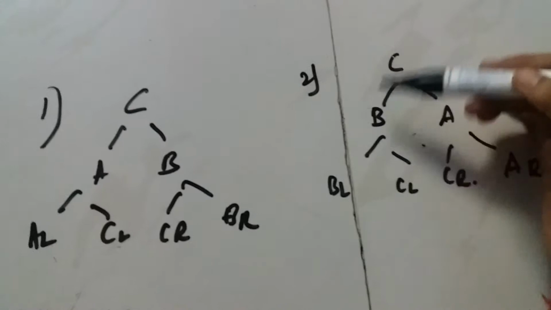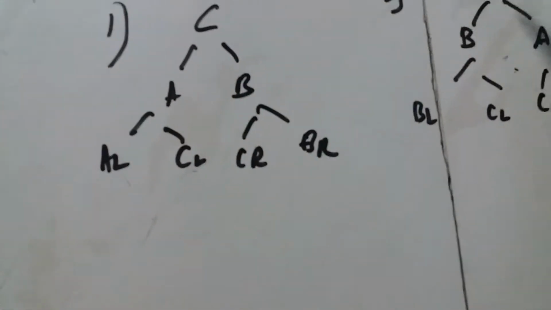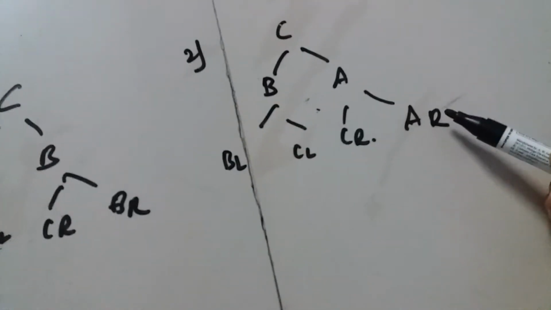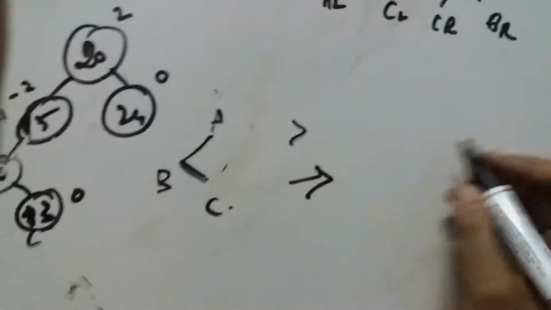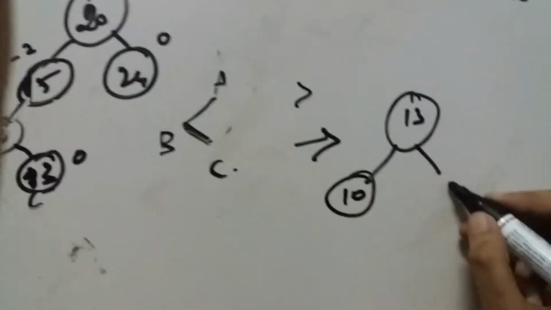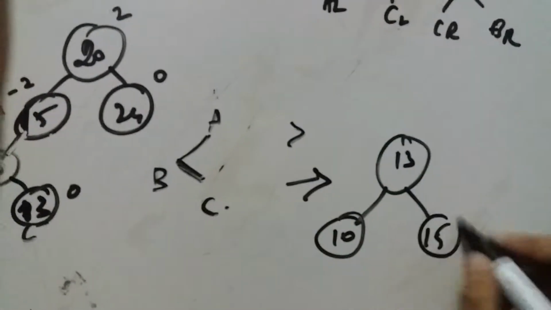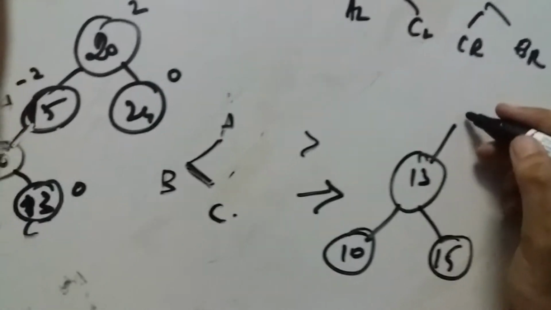If it is a lesser symbol, you need to consider this formula, that is CBA: B left, A right, C left and C right. After applying this formula, the resultant root node will be C. C is 13, and the left will be B and the right will be A. Left is 10 and right will be A. The other part will come as it is.